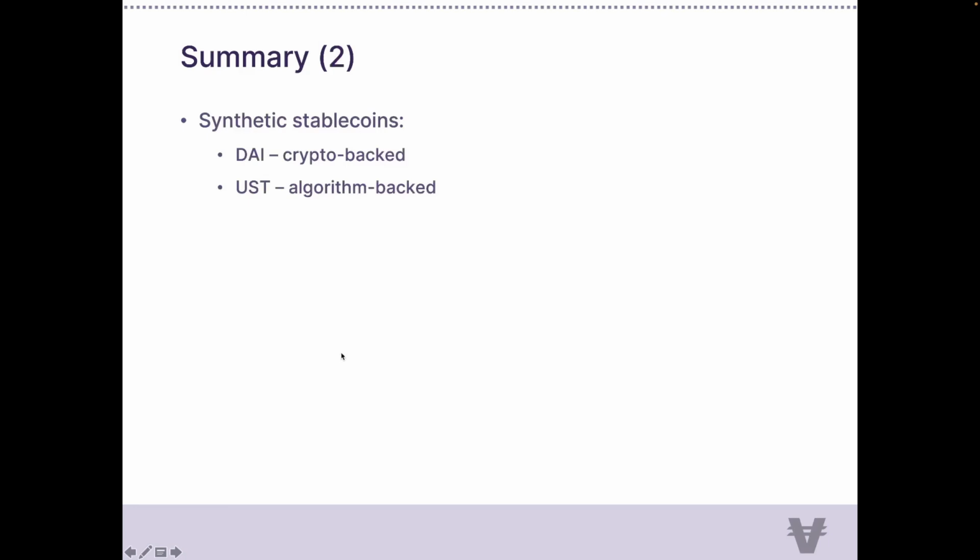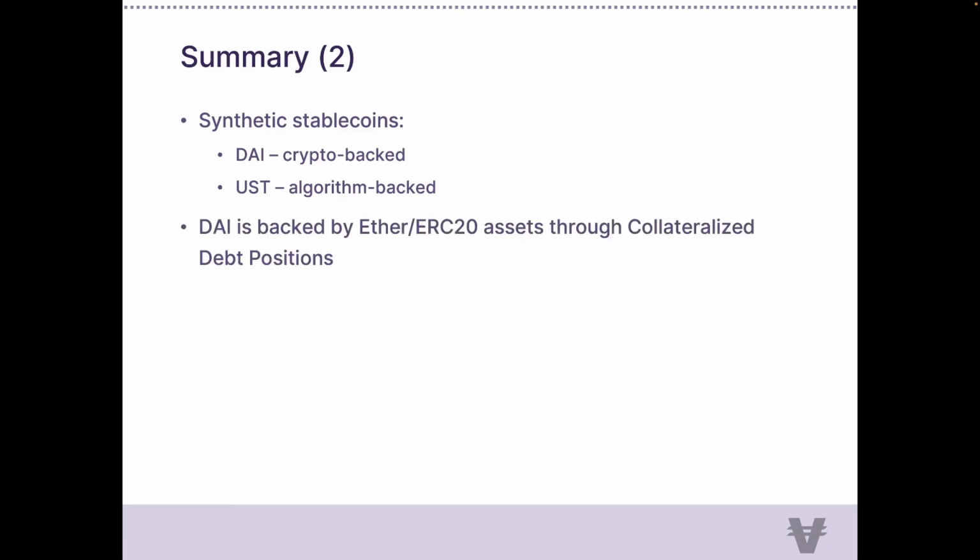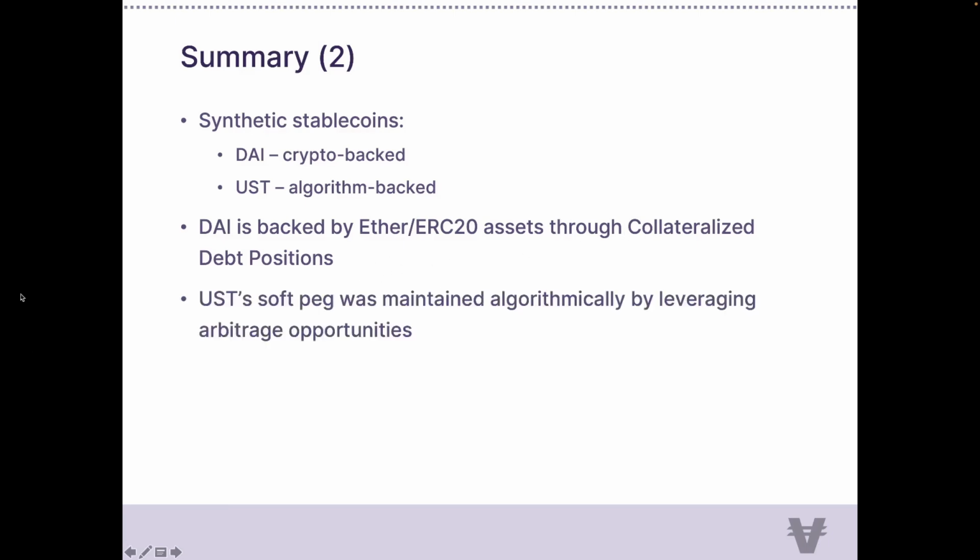And then for the synthetic stablecoins that we discussed today, we have DAI that is crypto backed, and UST that was algorithm backed. DAI is backed by Ether or ERC20 assets that have been chosen through the governance mechanism, and they are backed through this collateralized debt position protocol.